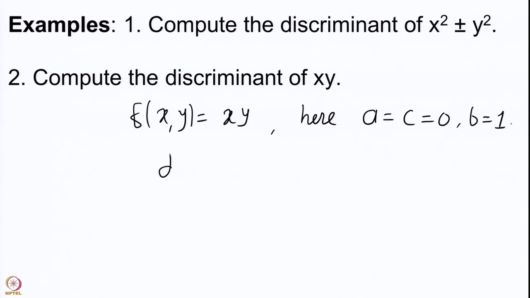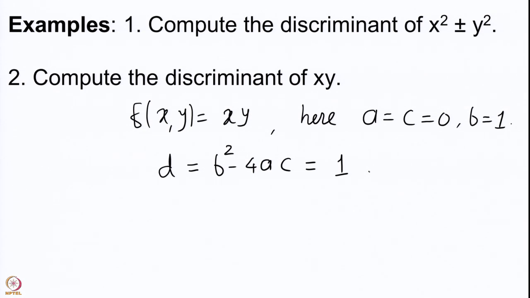So, our D is B square minus 4AC, and this is simply 1. So, the form is the form xy and its discriminant is positive, that discriminant is equal to 1.